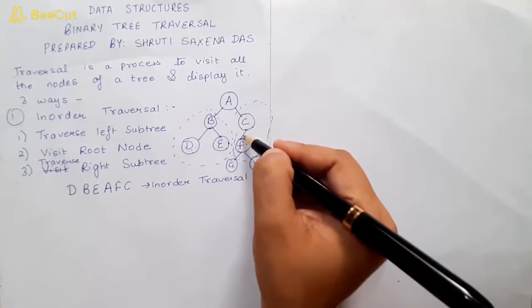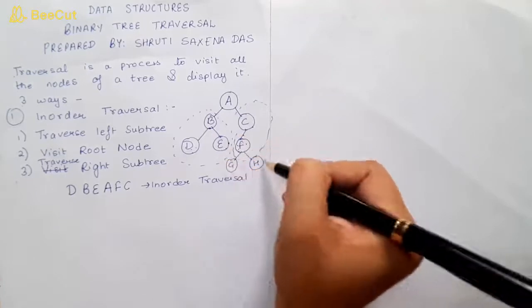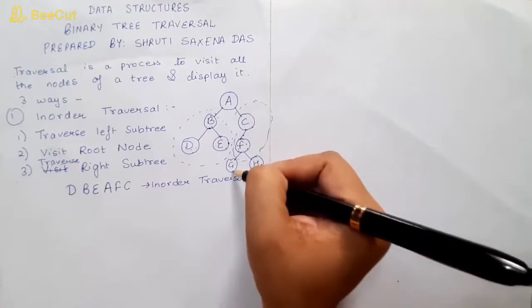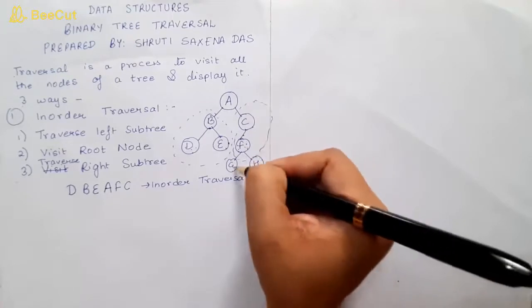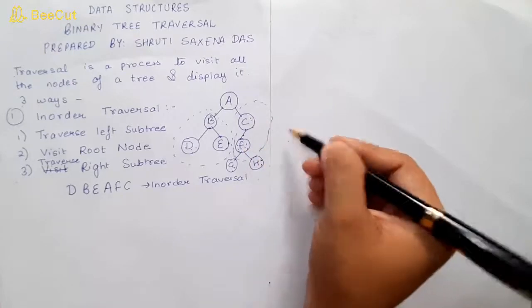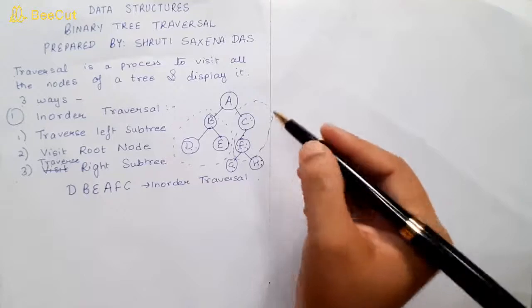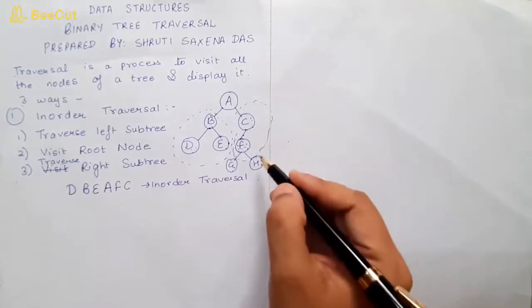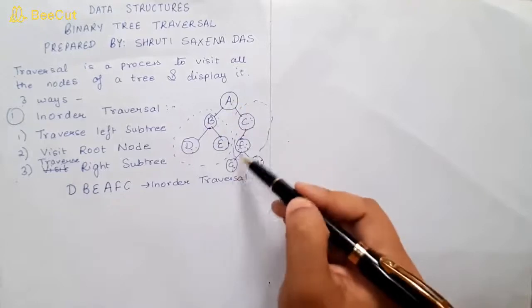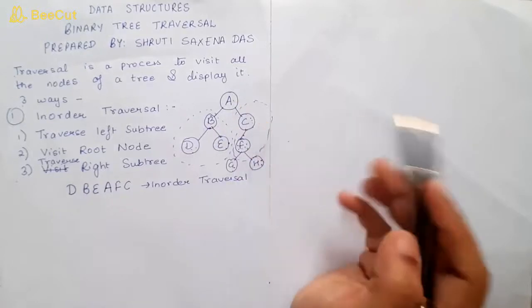In the left subtree you again have a tree which contains G, F, H. So it starts from the left, root, right: G, F, H, then the root, C, and then the right. We don't have anything on the right. So your traversing order will be D, B, E, A, G, F, H, C.